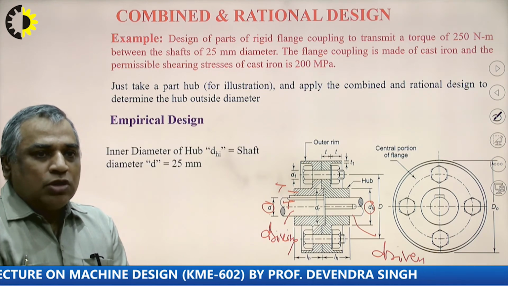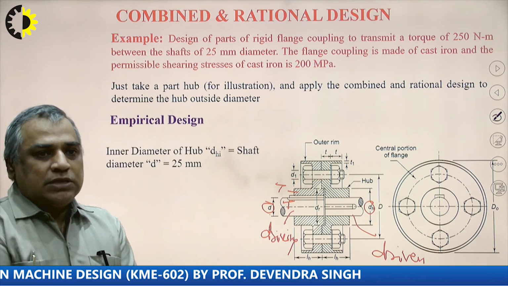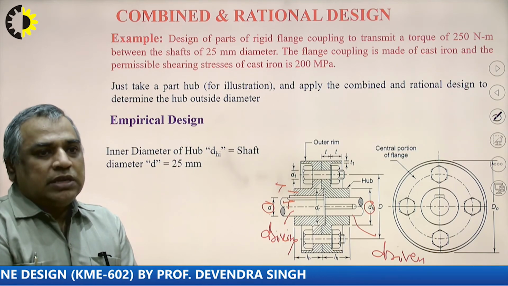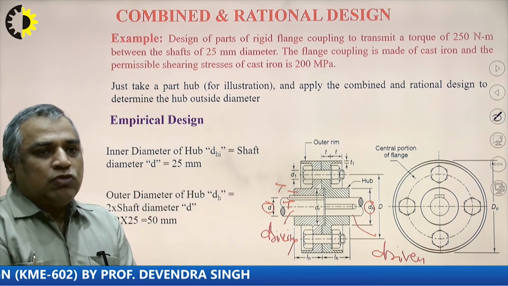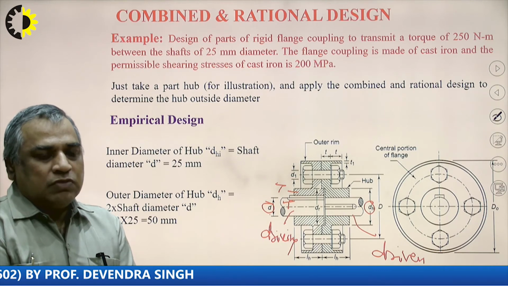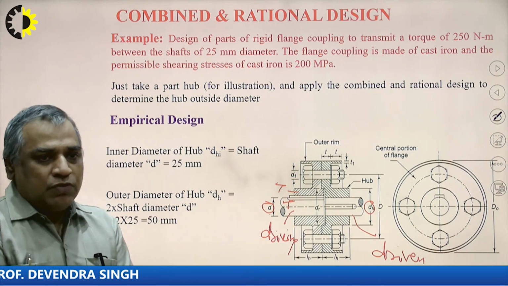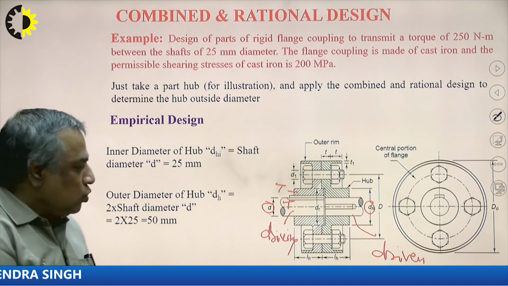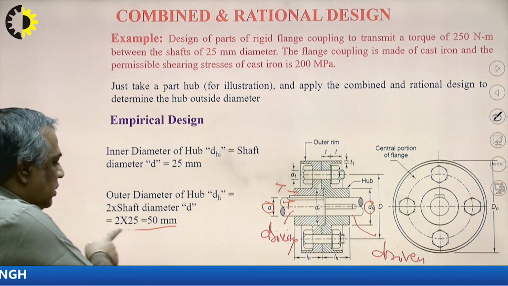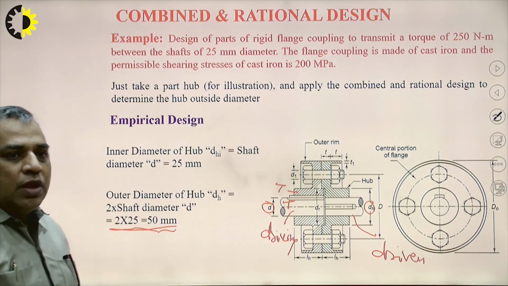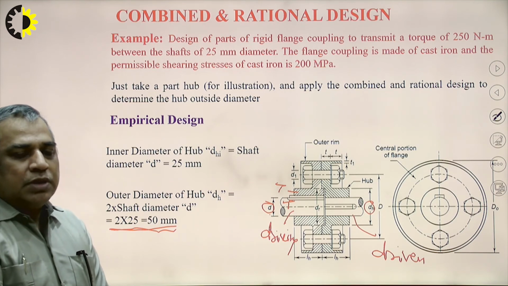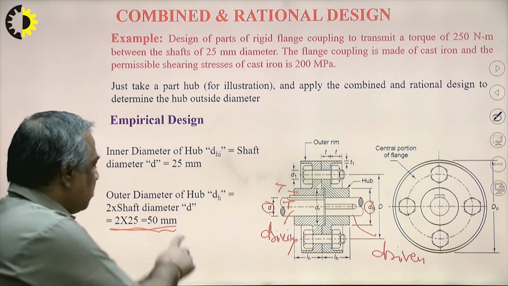So according to empirical design, the inner diameter is the shaft diameter, equal to 25 millimeter, and the outer diameter of the hub is 2 times the shaft diameter, so 25 multiplied by 2 equals 50 millimeter. As per the empirical design, this is our hub diameter.